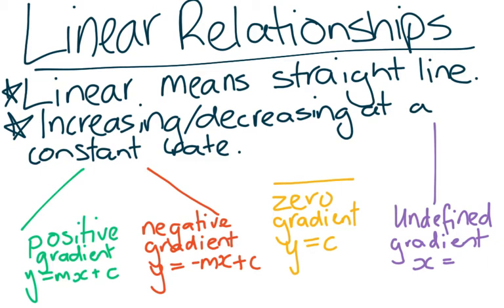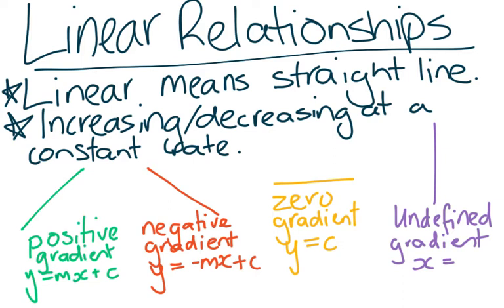So firstly, we've got on the screen here a green line sloping upwards, left to right. And that shows a positive gradient. And I've put there that the general formula of that would be y equals mx plus c, because the gradient, which is m, is positive. And it could be steep or it could be quite flat, but it is still a positive number.